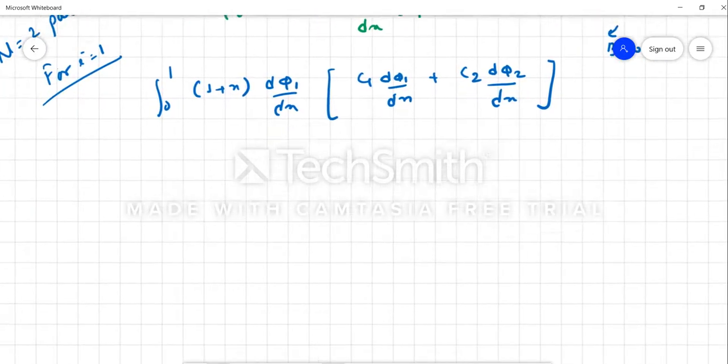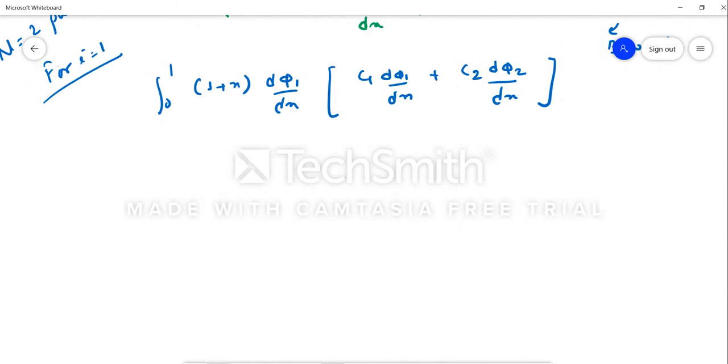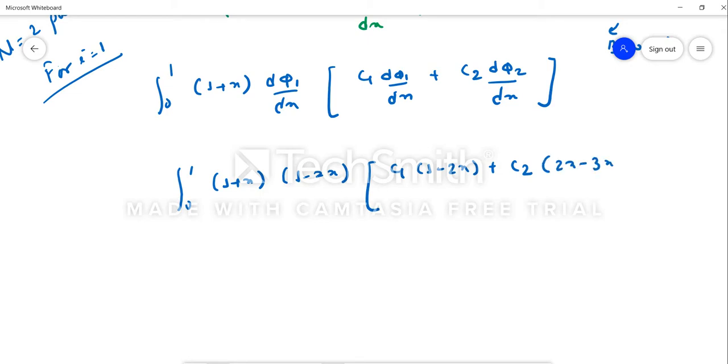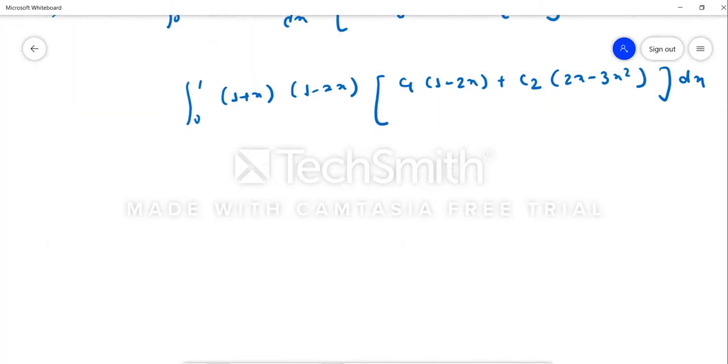If we put the value 1 plus x, and d phi 1 over dx is 1 minus 2x, then c1 d phi 1 over dx is 1 minus 2x again, plus c2, where d phi 2 over dx is 2x minus 3x squared, and this is finally dx. So we will take out c1 terms together.